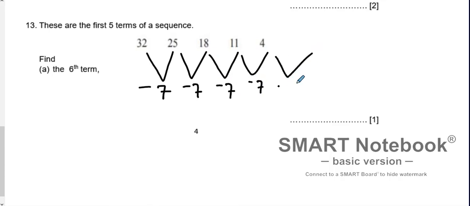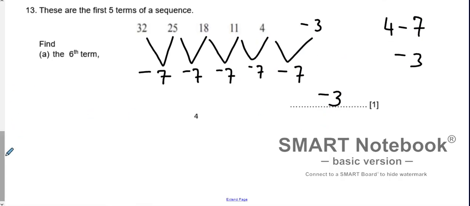So you keep on subtracting 7. So 4 minus 7, the answer will be -3. So the next number here will be -3. Okay, I hope that helps.